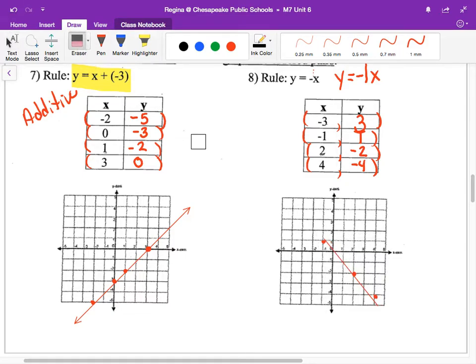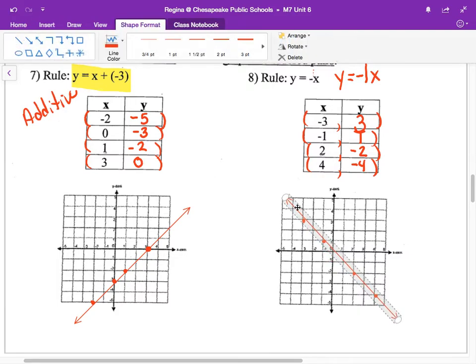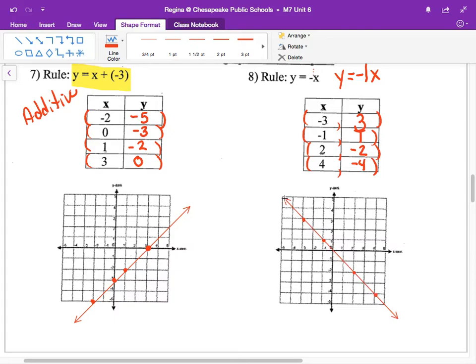All right, let me just erase, and let me do it correctly. -3, 3. -1, 1. 2, -2. 4, -4. This time, let me put my ruler on there and see if they're all on the line. And it looks like I got it right this time. There you go.